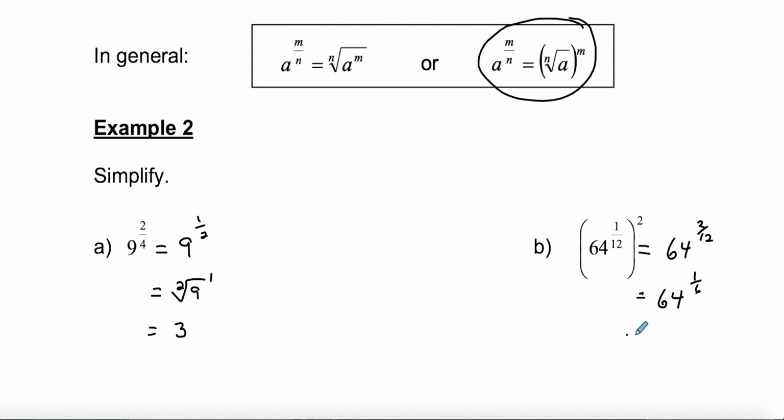So really, that's asking you for the sixth root of 64, to the exponent 1. And you're going to have to practice with your calculator if you're not sure. The sixth root of 64 is 2. 2 times 2 times 2 times 2 times 2 times 2 is 64. But I am thinking that you're going to practice on your calculator, figure out how to punch that in so that you get 2.